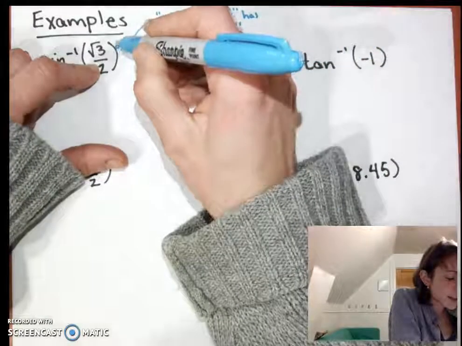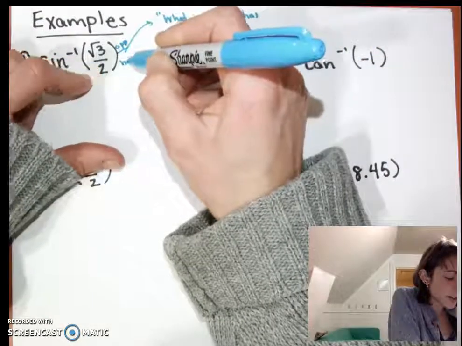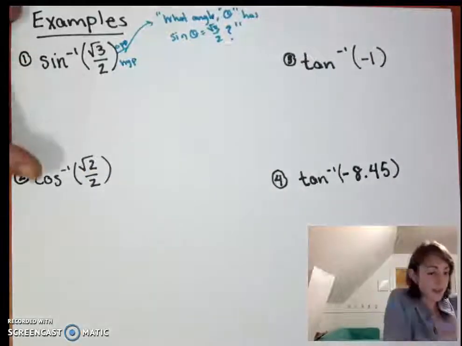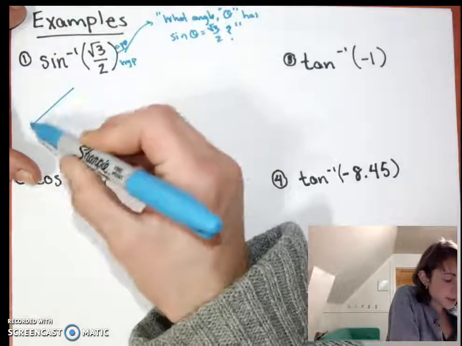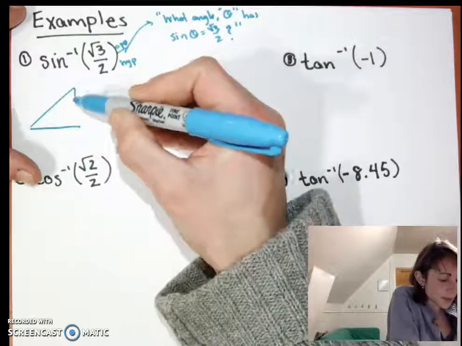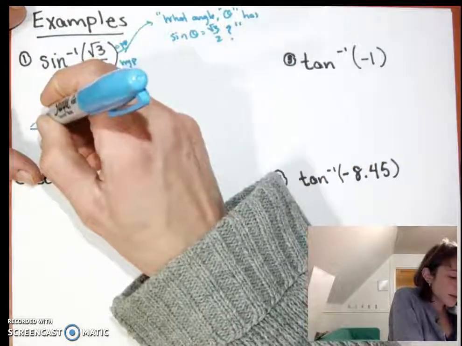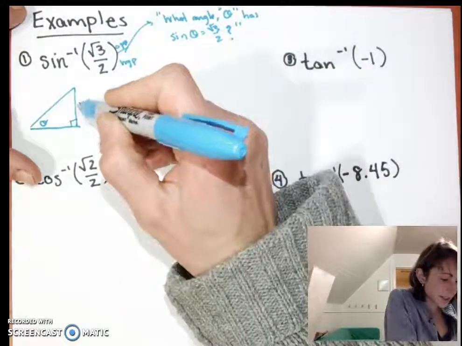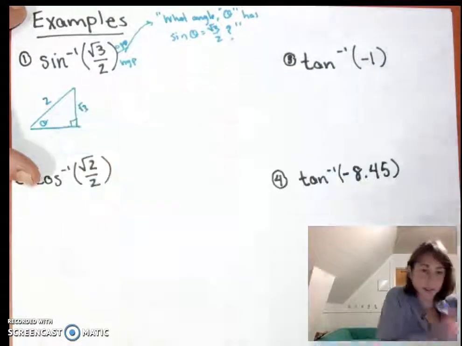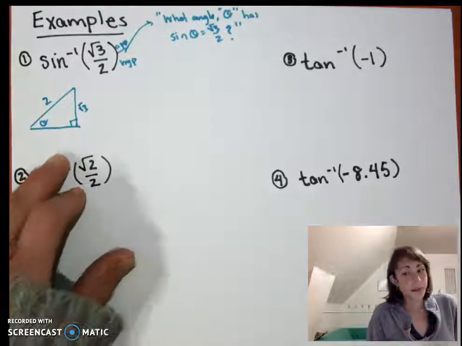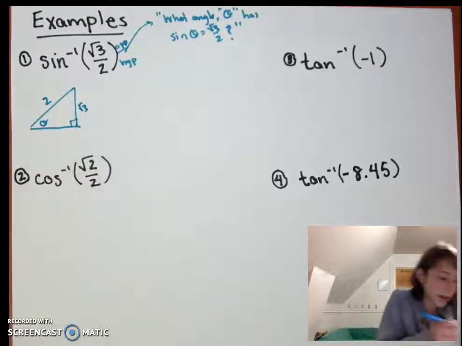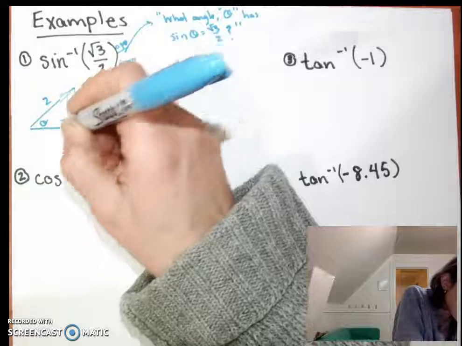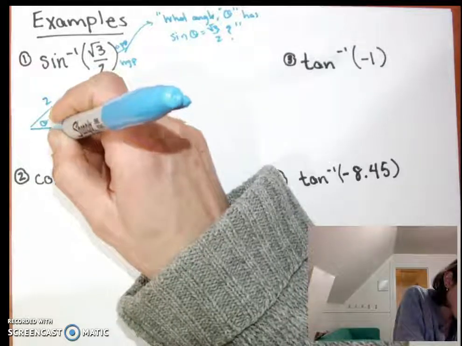Sine is opposite over hypotenuse. One way you could think about the answer is to think about a right triangle where theta is here. The opposite is root 3 and the hypotenuse is 2. You might remember that this is one of our special triangles, so we could complete it.